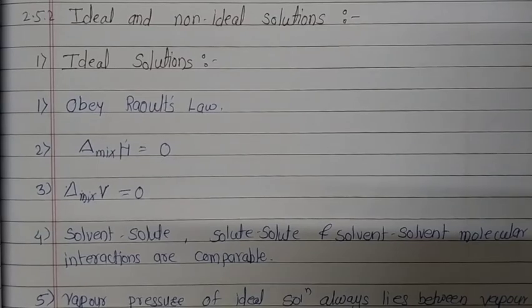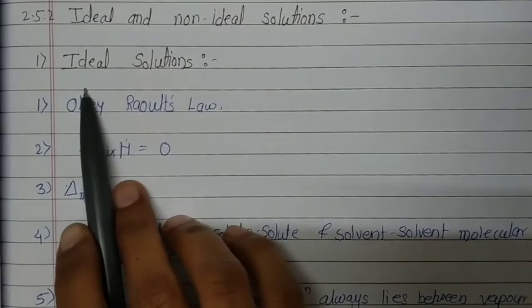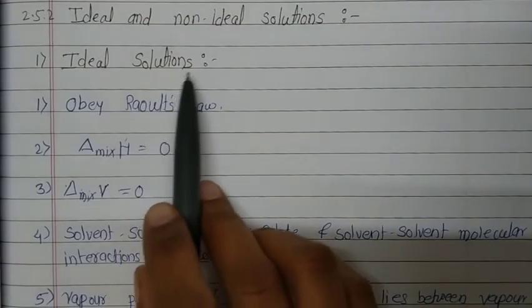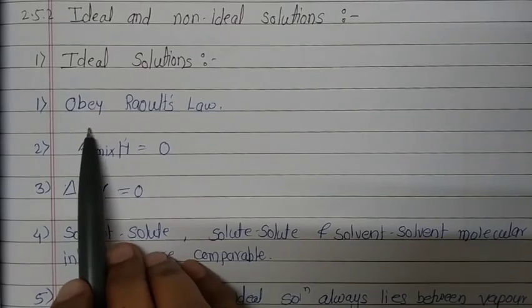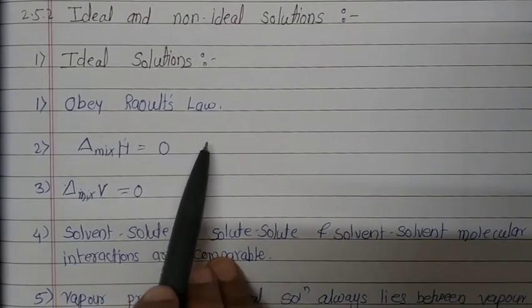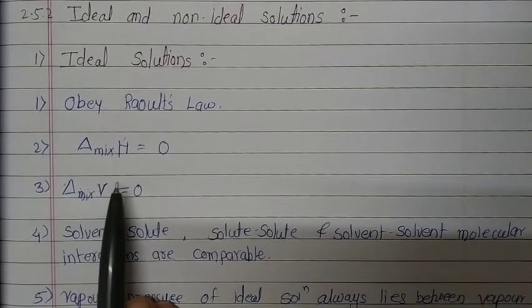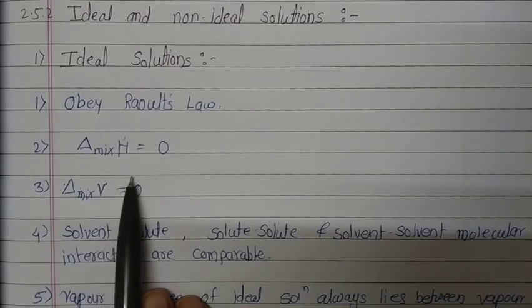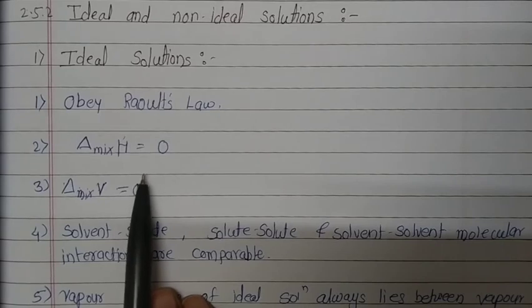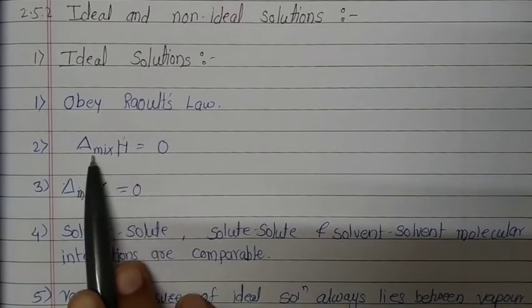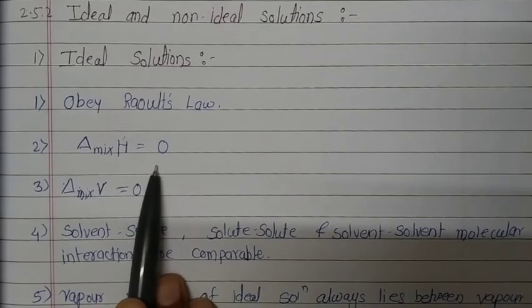The next point of this unit is ideal and non-ideal solutions, in which first is ideal solution. The characteristics of an ideal solution: first, an ideal solution obeys Raoult's law over the entire range of concentration. Second, no heat is evolved or absorbed when two components forming an ideal solution are mixed, means delta H, the enthalpy change, is 0.